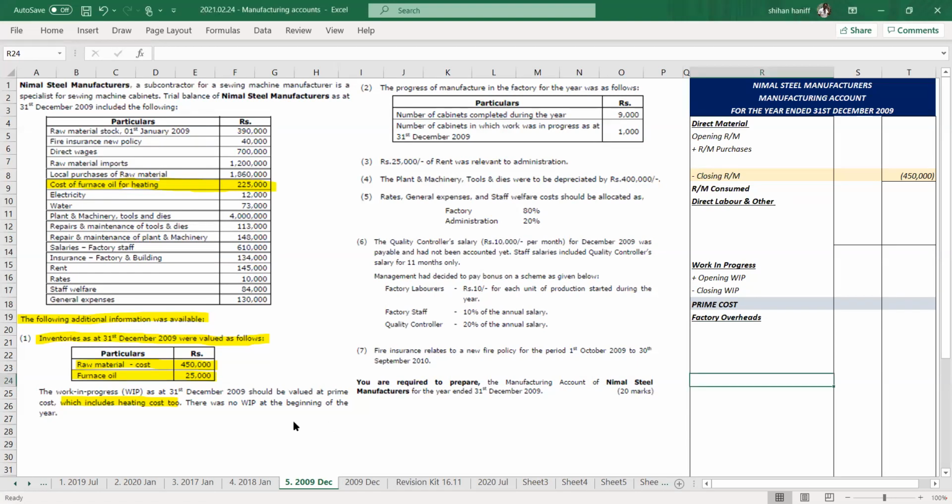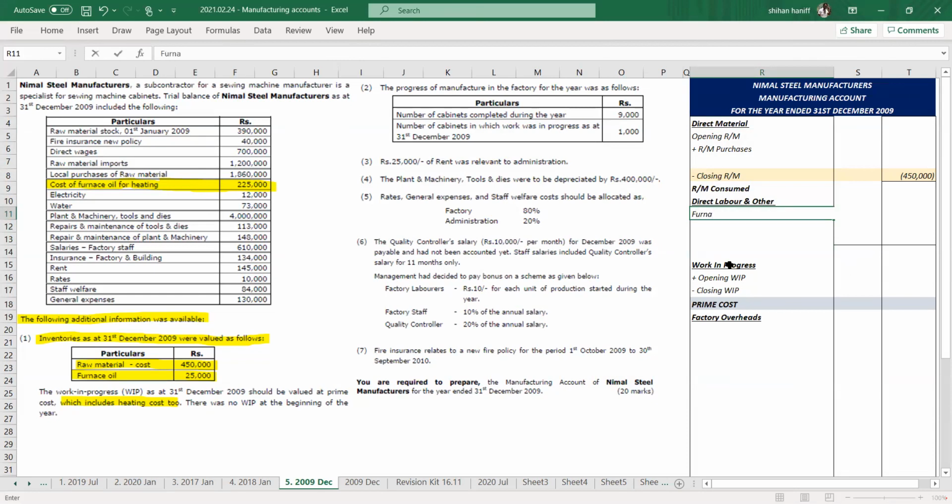So it's a prime cost, and we have to take this to the direct cost. It will be treated as a direct other cost.